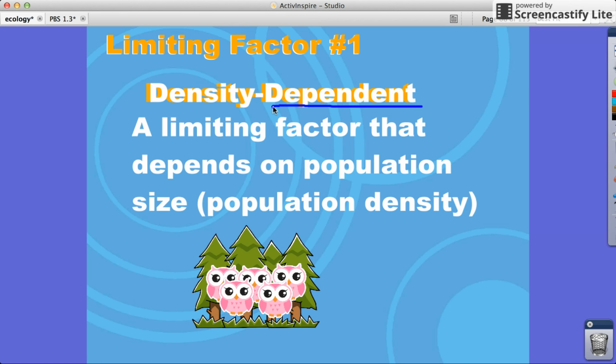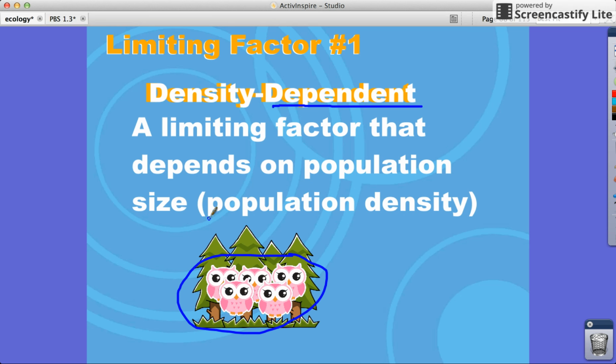We're going to look at density dependent first, meaning that the limiting factor is based on how many animals are in that ecosystem. So if we have a lot, this limiting factor may cause a greater decline in the population.